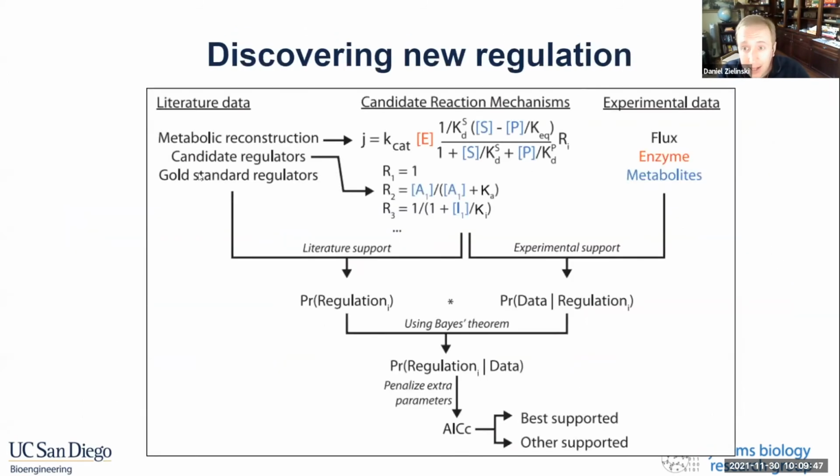Now, beyond that, they're like, okay, if we can identify this, we can observe regulator activity. Can we use this to discover new regulators that weren't known but are involved in flux regulation?